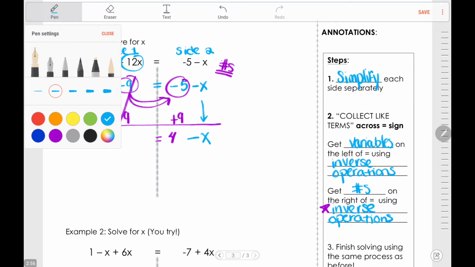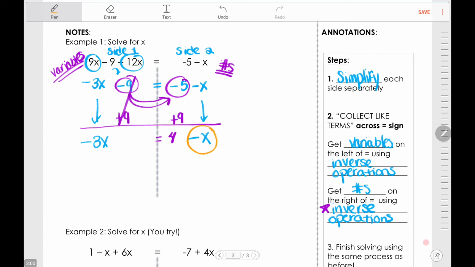Alright, so now I want to get the x's on the left side. So I want to move this negative x over to the like term. Let me use a different shape since I already used circles. I want to move this negative x to this negative 3x. But again, I'm going across this equal sign. So I can't just move it. I have to use the inverse.